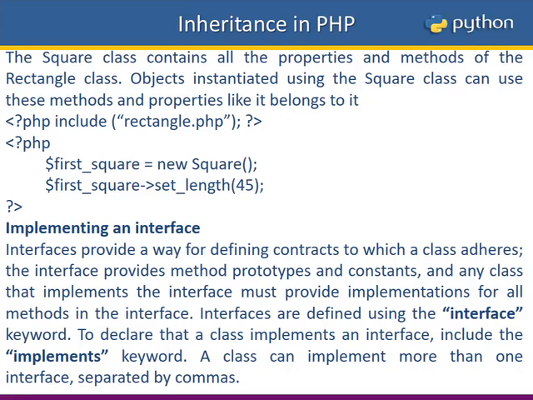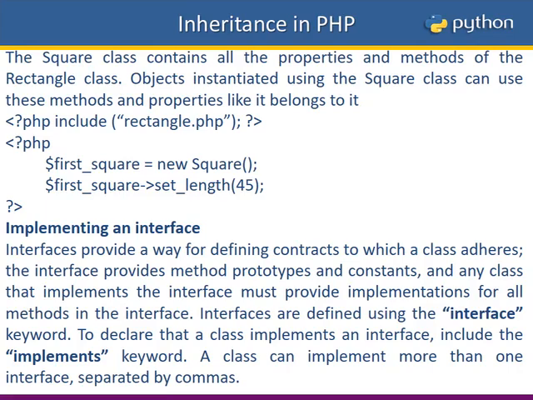The square can use methods and properties from the rectangle class since they belong to it. That's why it always inherits properties and methods of another class.